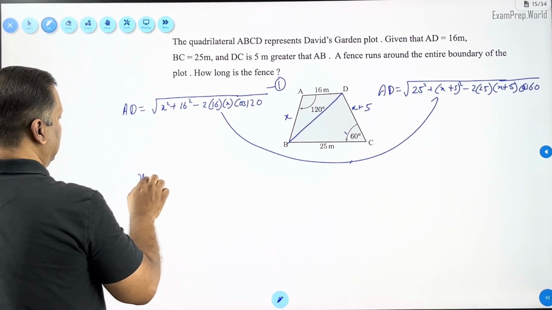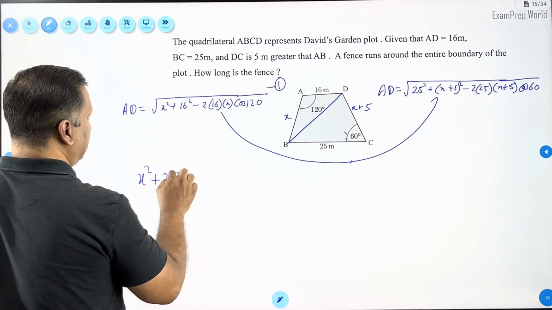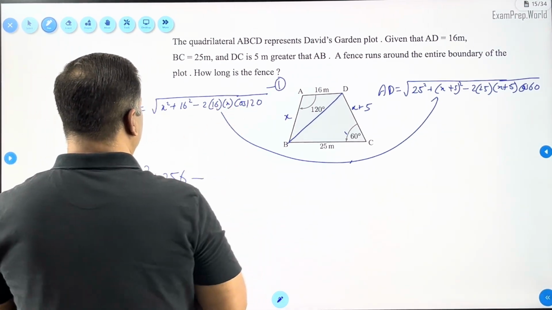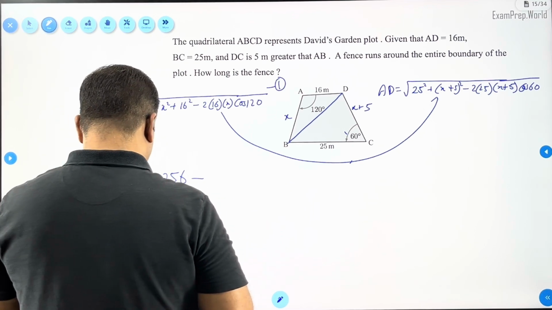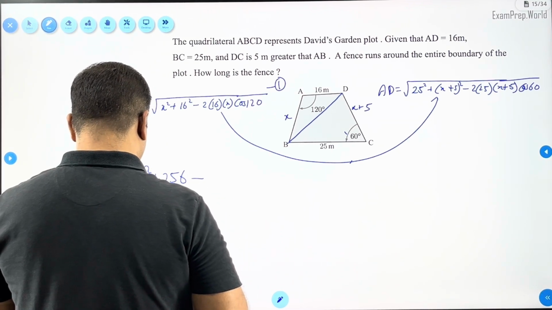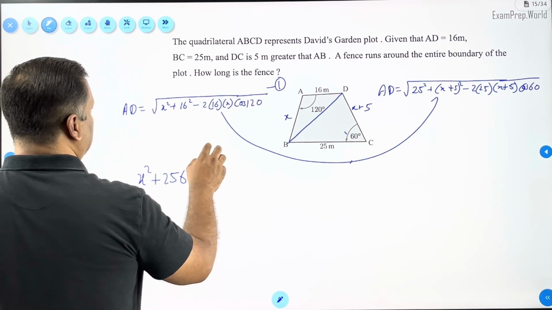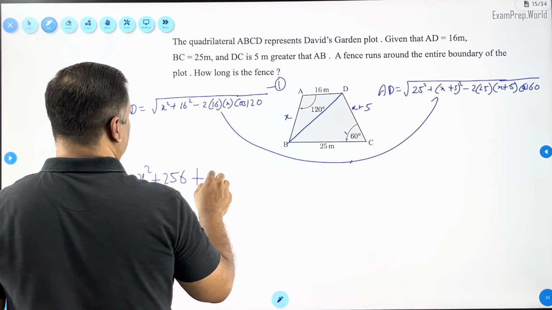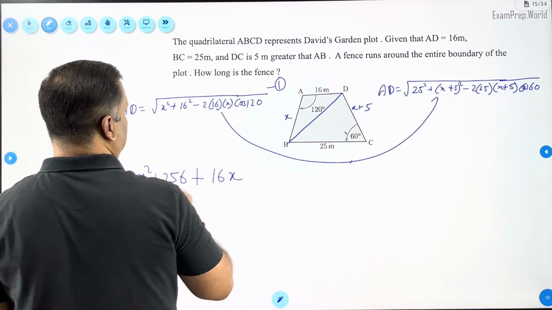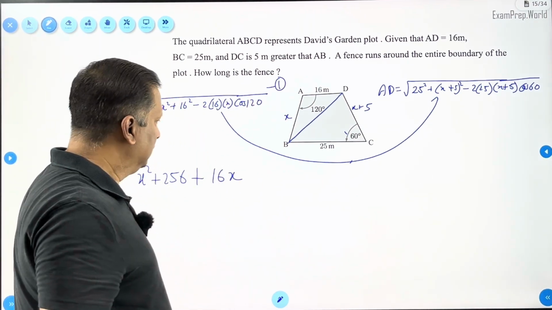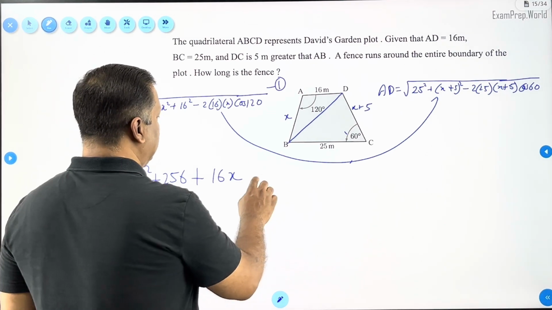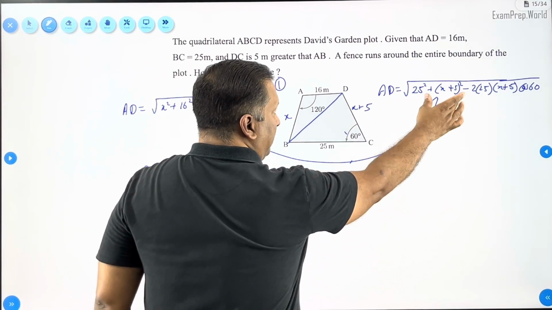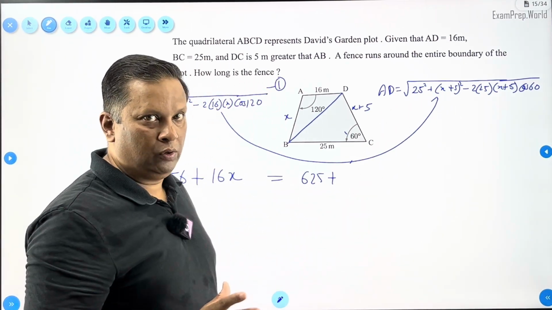So it is x square plus 256 minus 32 into cos 120 minus 16x. This becomes plus 16x, because this whole thing is negative. So it is 16x equals, on the right side, 625 plus, expand this bracket as you expand a plus b whole square. Don't forget that 2ab term.